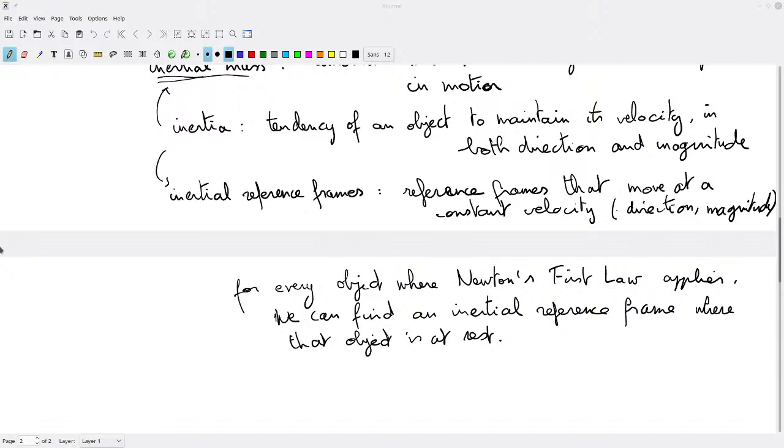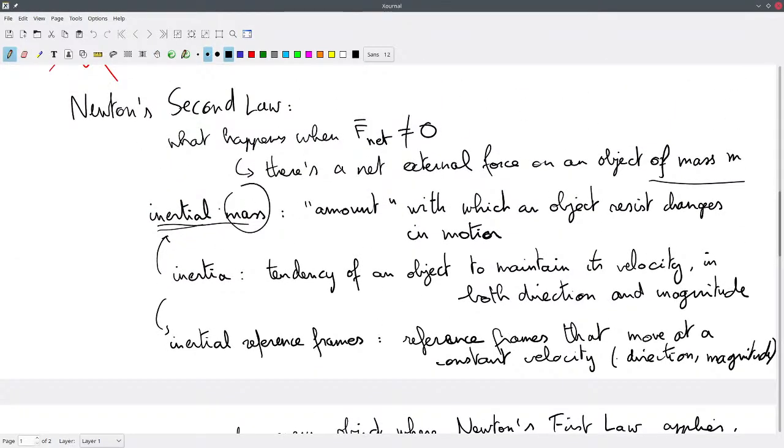And anyway, we'll come back to equilibrium later. So now that we've introduced mass, and we know that if the net force is not equal to 0, there has to be an effect on the object that depends on the mass to some extent.